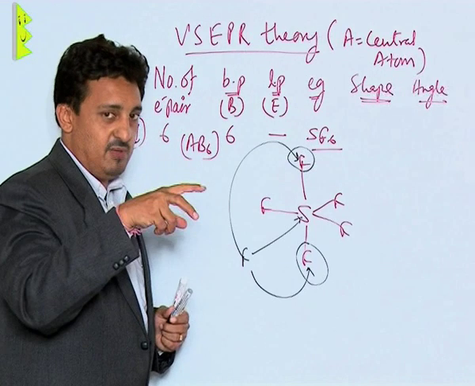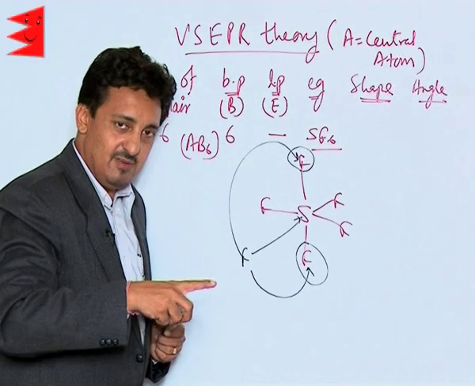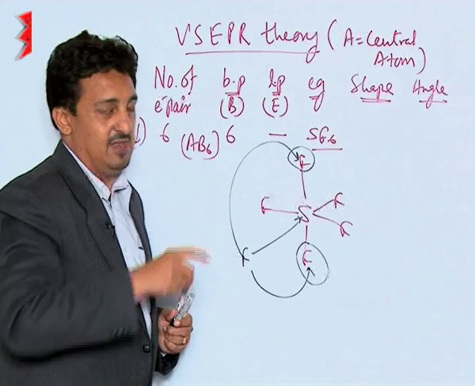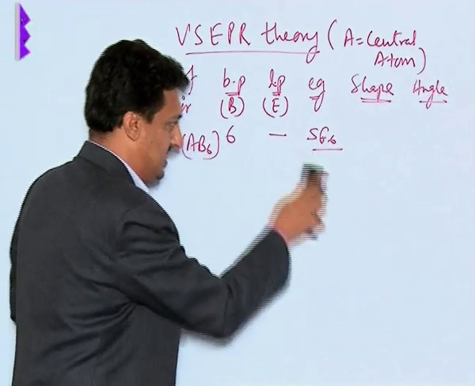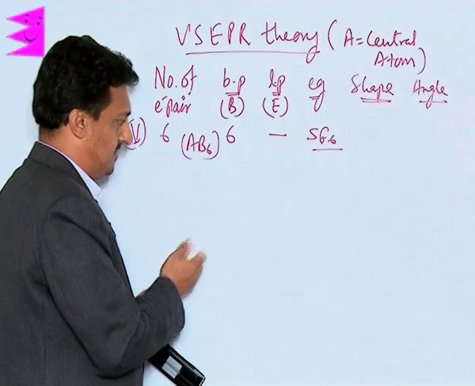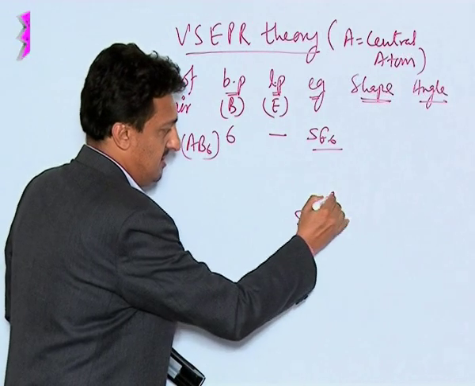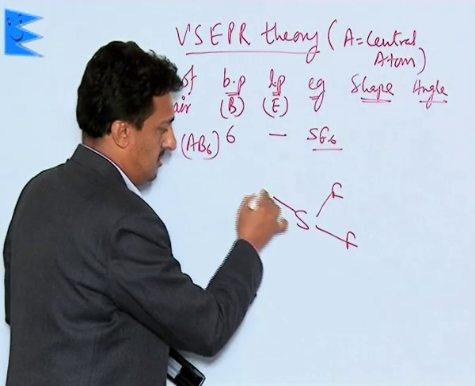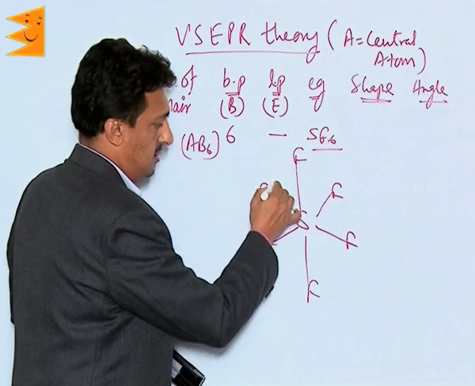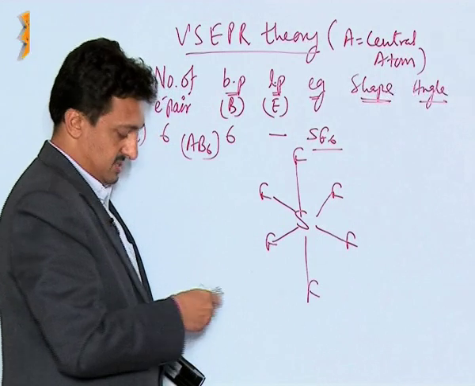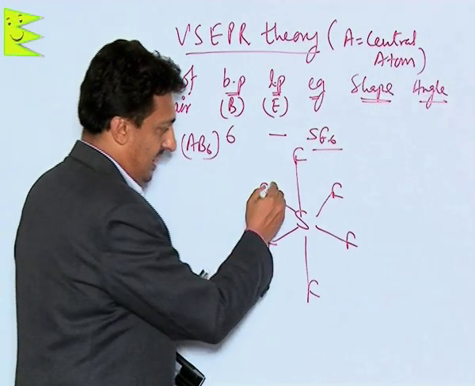So that's where the shape becomes not trigonal bipyramidal, it becomes square bipyramidal. So the geometry in this case is almost like this, with sulfur here, and this is what the system is. We can draw it like this.